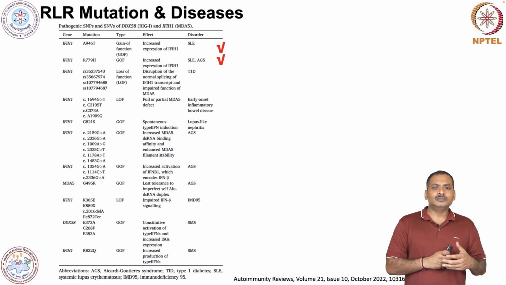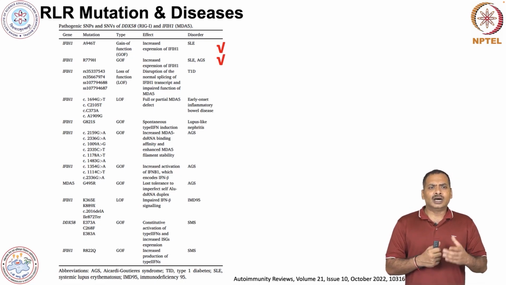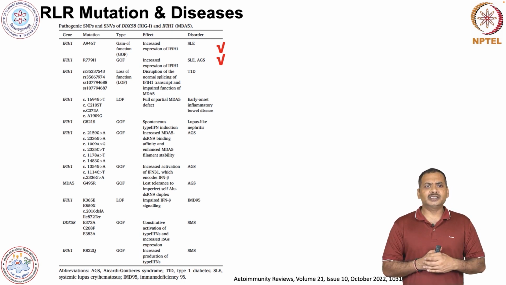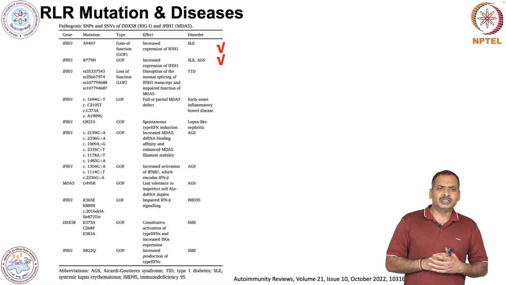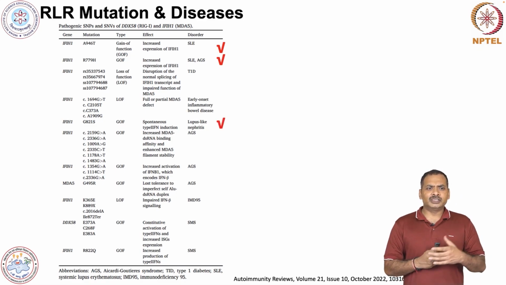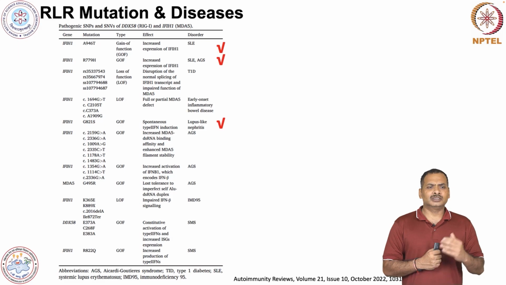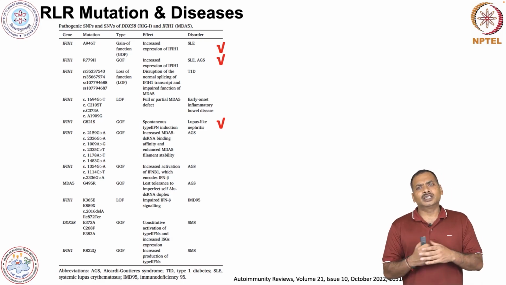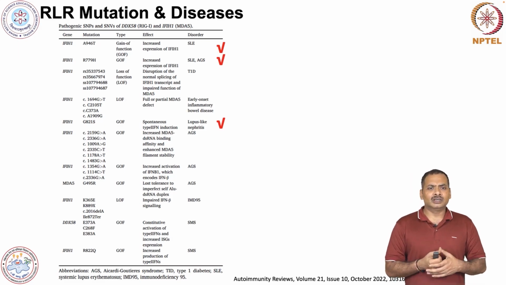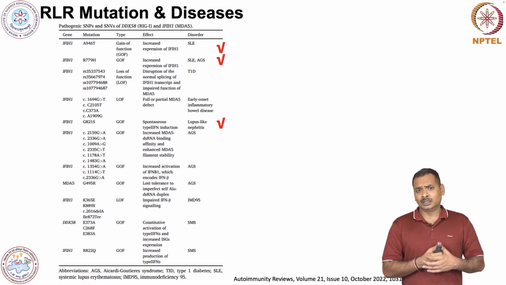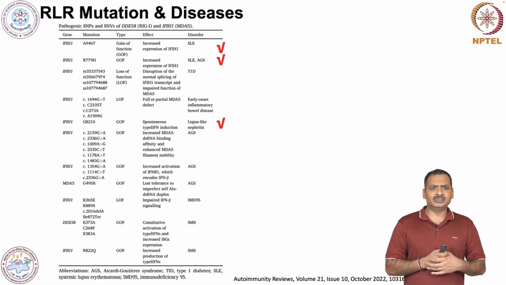There are other mutations, R779H, that also increases the expression of MDA5, and another mutation, G821. This is an amino acid, glycine, which is converted into serine, and that also causes lupus-like nephritis.